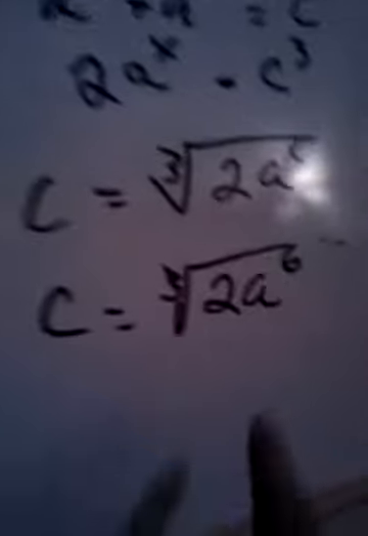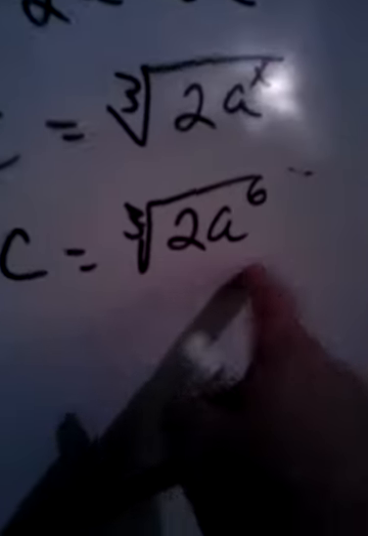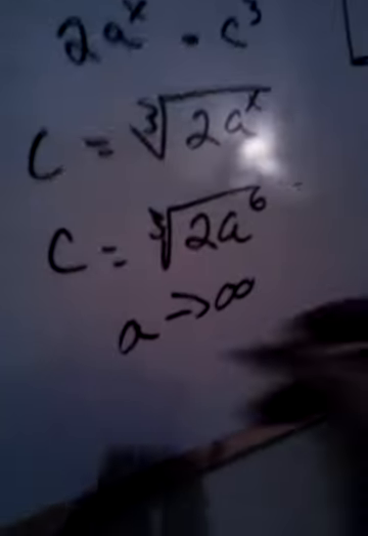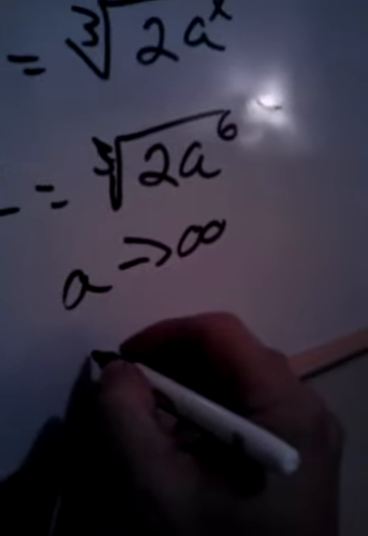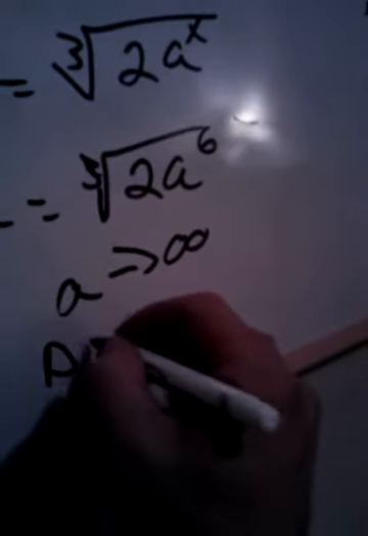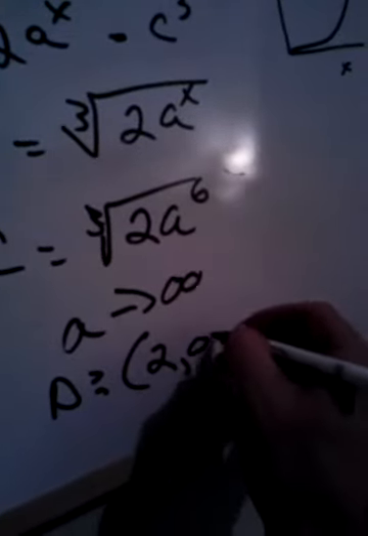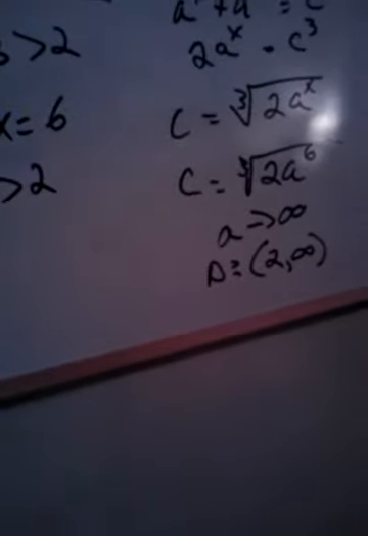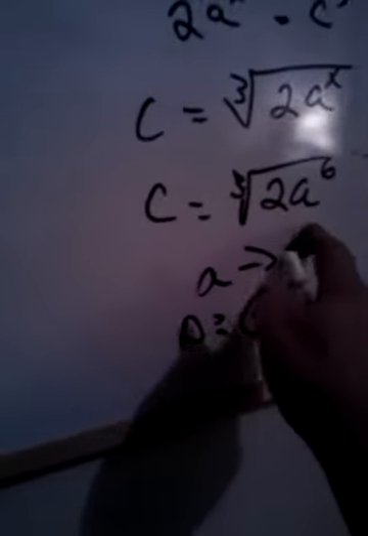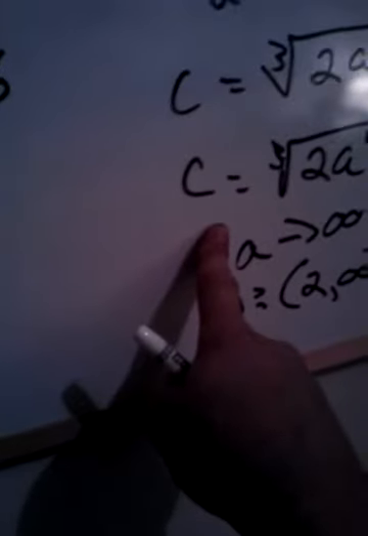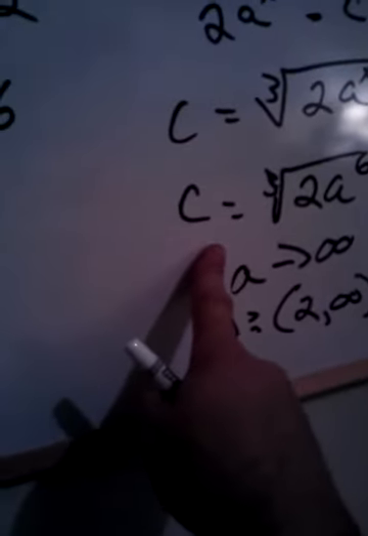We'll plug and chug values for A. We'll let A go to infinity. Actually, we'll set a domain: the domain for A is 2 to positive infinity. Those are the inputs for A, and we want to find the A that gives us back a value for C that has a prime factor of 3.